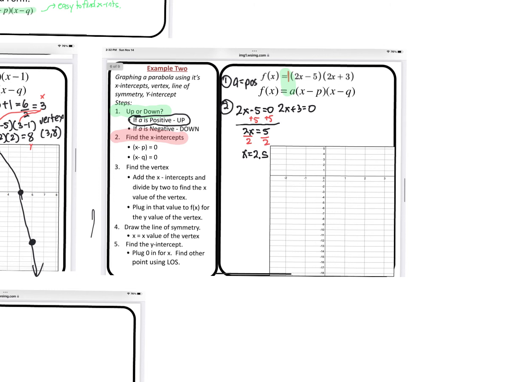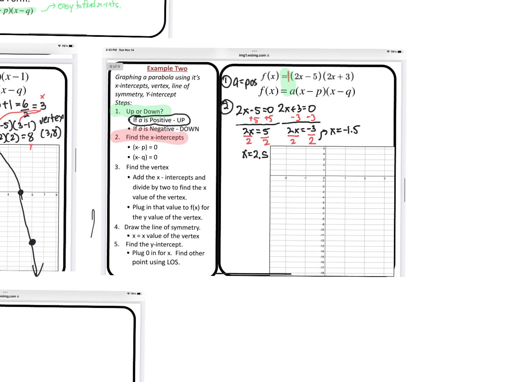The next one, I subtract 3, and that's going to give me 2x equals -3. All right, and then divide by a 2, and that is going to give me x equals -1.5.